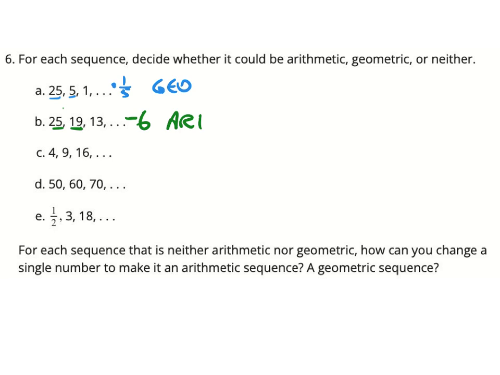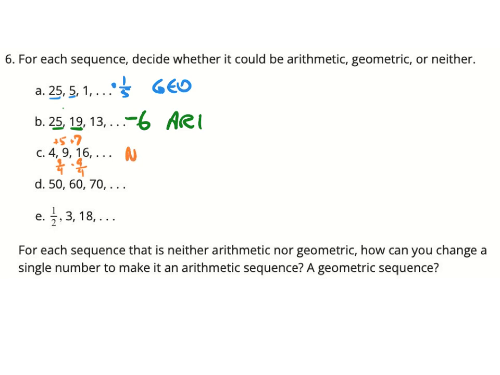So let's look at C. To get from 4 to 9, you plus 5. 9 plus 5 is not 16, it's plus 7. So if I do 9 divided by 4, I get 9 over 4. If I times 9 by 9 over 4, I get 81 over 4, which is not 16. 16 times 4 is 64.